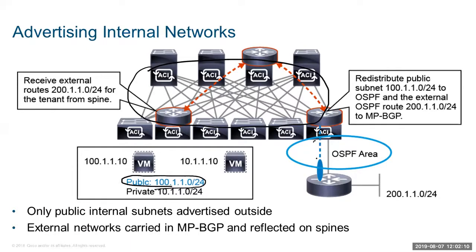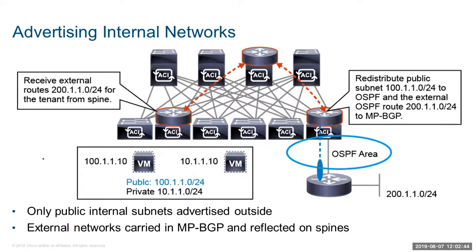Then it's going to advertise it out. This is going to be learned through OSPF, redistributed into BGP, and then it is going to receive it on that leaf. So only public. It's actually a checkbox you enable on the subnet.